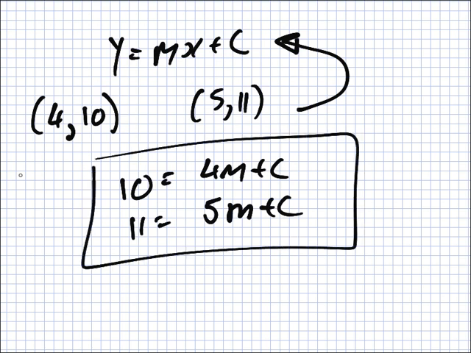So you can just subtract. You get m equals 1, which is obviously wrong. I think whoever gave me the first point here didn't do a good job of it. It's not quite 10. Maybe it's 9. Let's say it's 9.